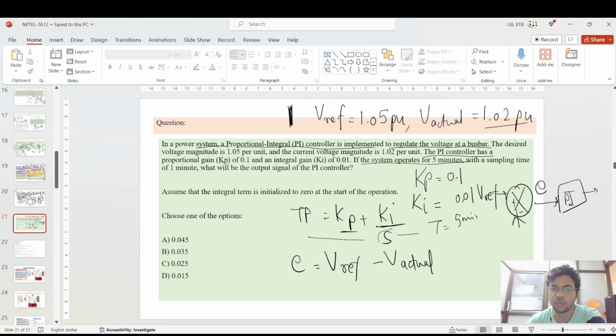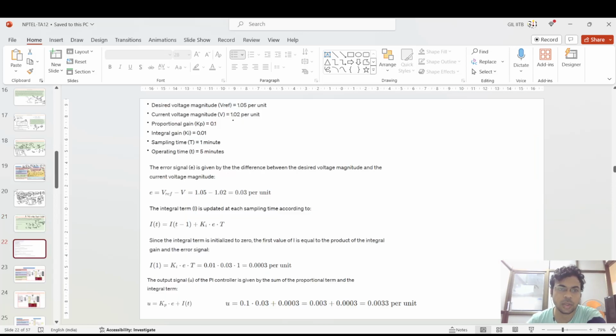The system operates for 5 minutes, so the operating time is 5 minutes, and the sampling time, T sampling, is 1 minute. So the desired V reference is 1.05 and the voltage magnitude is 1.02, KP is 0.1, KI is 0.01, sampling time is 1 minute, and the operating time is 5 minutes.